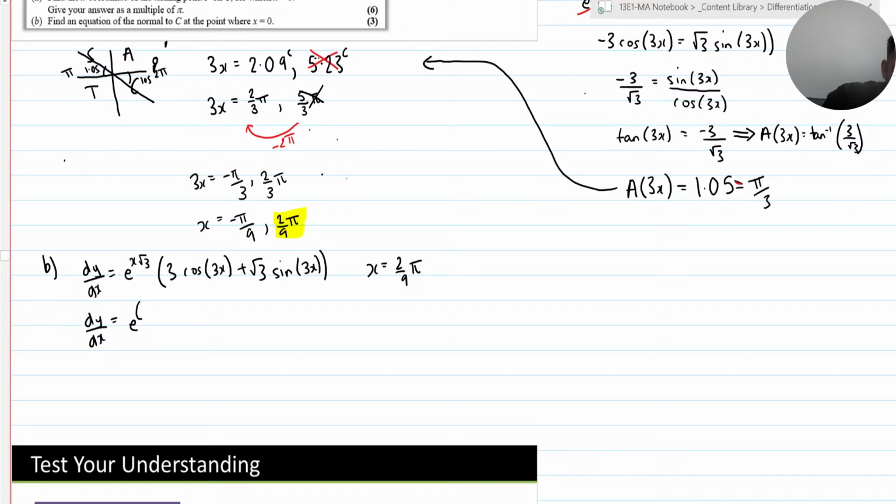So it's going to be e to the 2 over 9 pi times by root 3 times by 3 cos of 3 times by 2 over 9 pi, plus root 3 sine of 3 times by 2 over 9 pi. Look at all of that there. So I would just put all of that straight into our calculator.